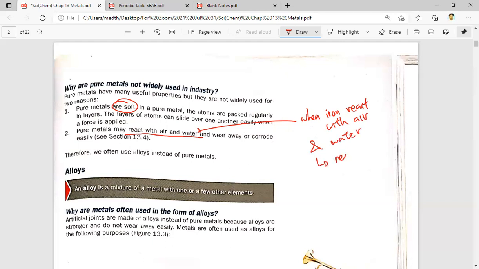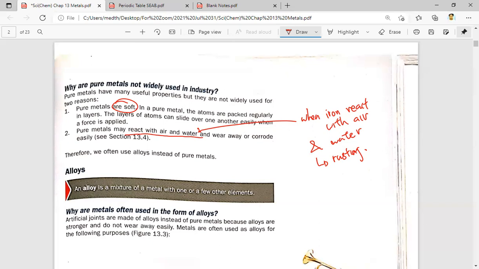We call this rusting. Pure metals are generally soft because the atoms are packed regularly in layers. You can hammer them. Later on, we will see a little bit more. Pure metals also rust quite easily. Therefore, we will tend to use alloys.